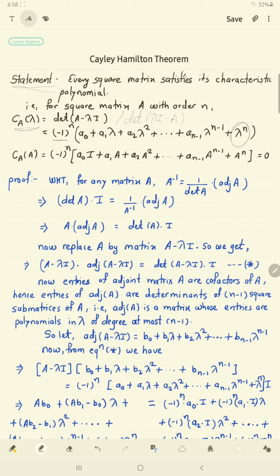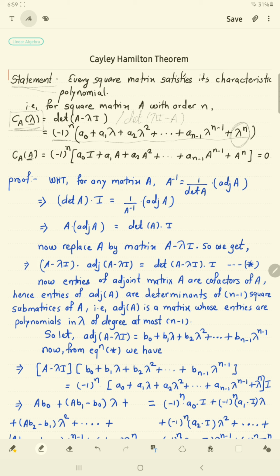Now, a square matrix satisfies its characteristic polynomial means in C_A of lambda we replace this lambda by A. So instead of lambda we put A. Here in this polynomial we replace all places of lambda by A. So we get minus 1 raised to n, a0 plus a1 A, a2 A square, up to a_(n minus 1) A raised to n minus 1 and A raised to n.